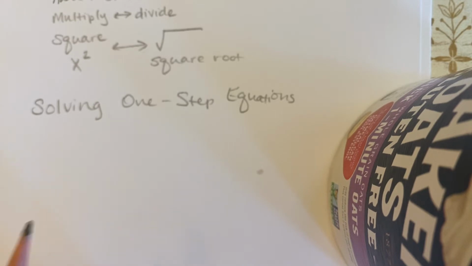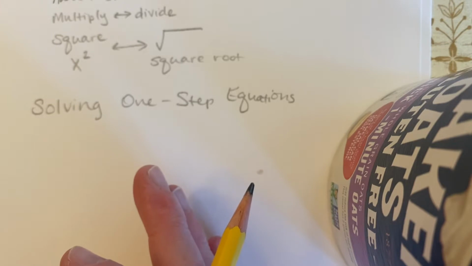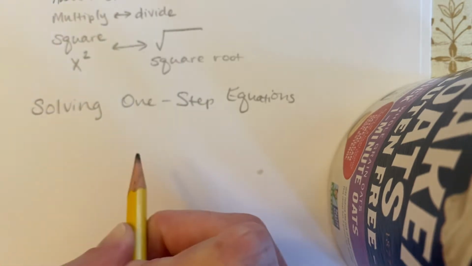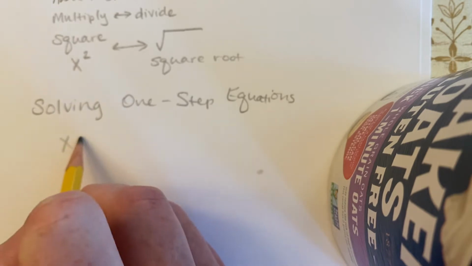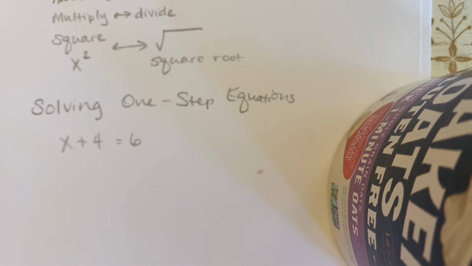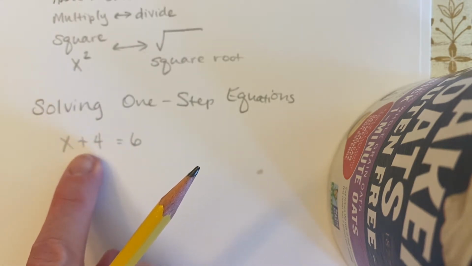What that means is I should be able to solve the equation for x, in other words, isolate the variable in only one step. Okay, one step. So let's give an equation. Let's say x plus 4 equals 6. What I'm seeing here is an addition sign. That is the operation that I see.